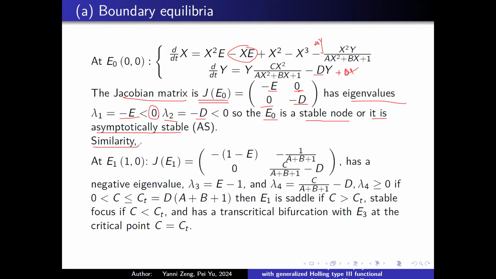In the same way, at E1, we get the Jacobian matrix. The second term here. We also find the negative values of the eigenvalues lambda 3 and lambda 4.